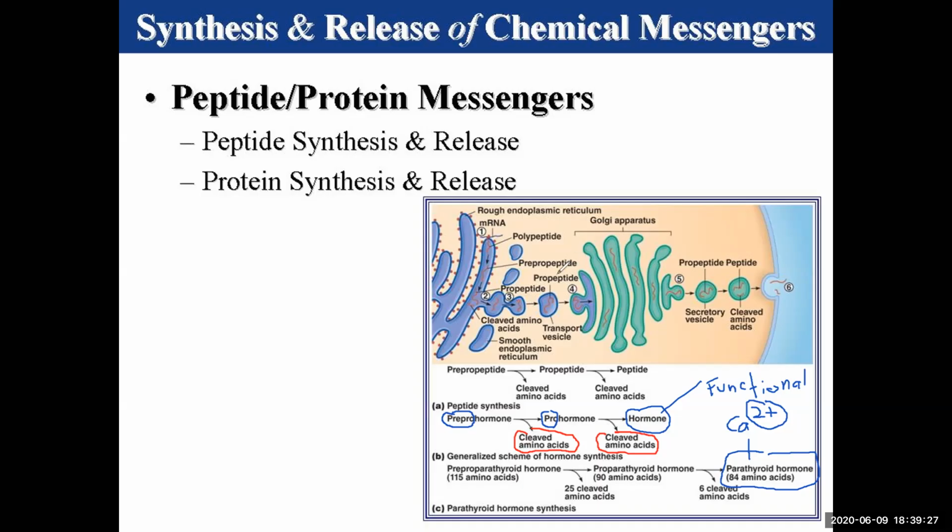That peptide will have a signal peptide, and that signal peptide will tell the Golgi apparatus, hey, I am meant for export. So the Golgi will know and will ship it into the vesicle, and that vesicle will fuse to the cell membrane, and using the active transport mechanism called exocytosis, the parathyroid hormone would be released into the bloodstream. So this is how the parathyroid gland synthesizes and then releases parathyroid hormone.